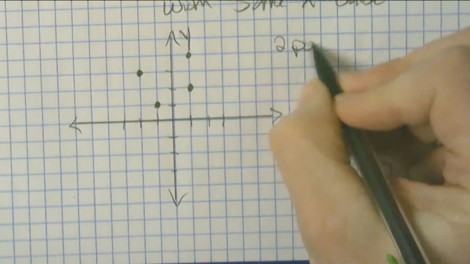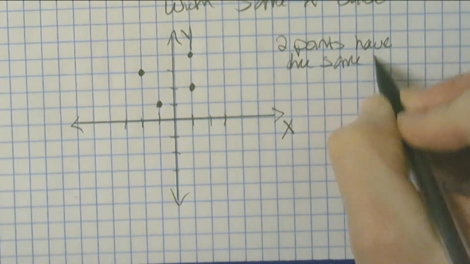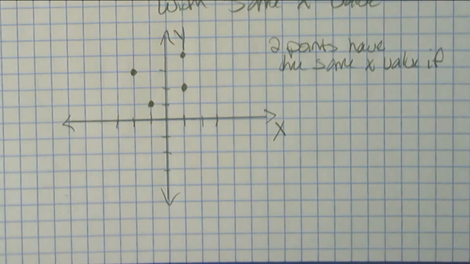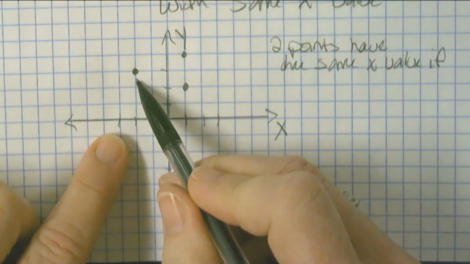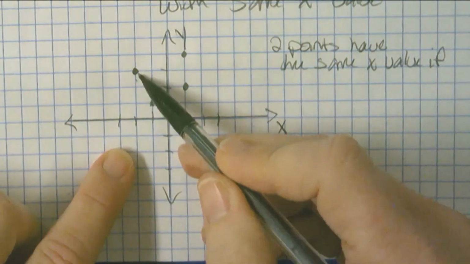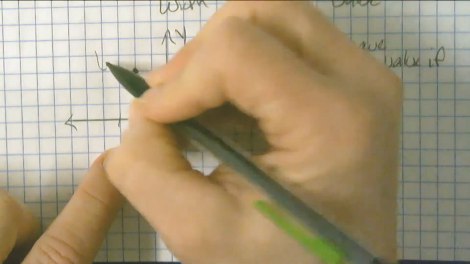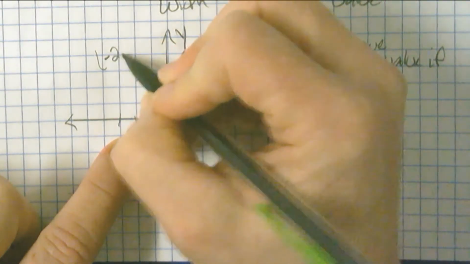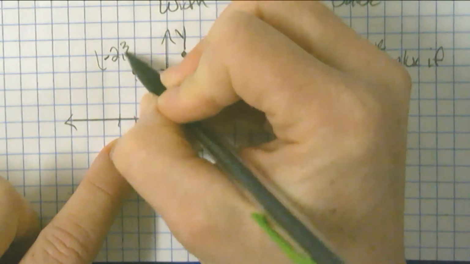So 2 points have the same x value if, think about what this coordinate point would be. What is this coordinate point if I put a coordinate point on this? This one right here. What would you say this is? Ashton? Negative 2, 3.